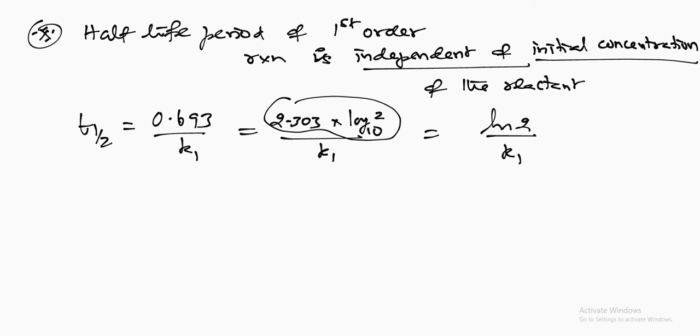Now, let me go to the graphical representations for first order reaction. Students, let me take this expression first. I have told you to remember a few expressions in first order.